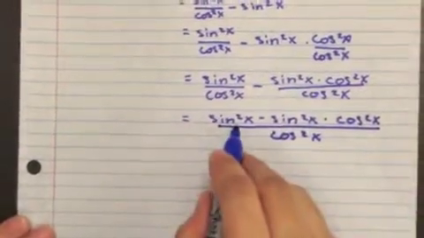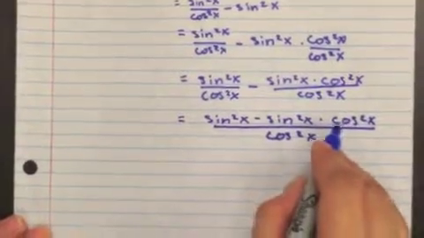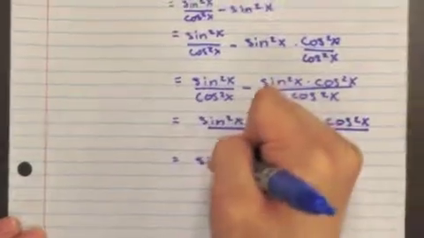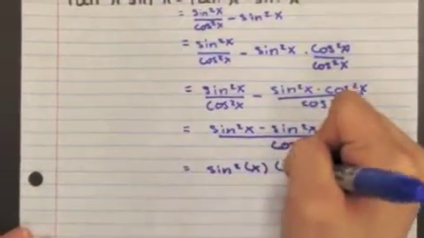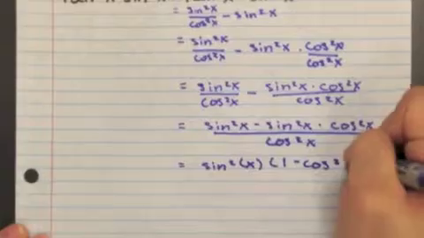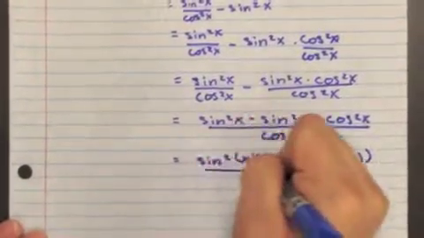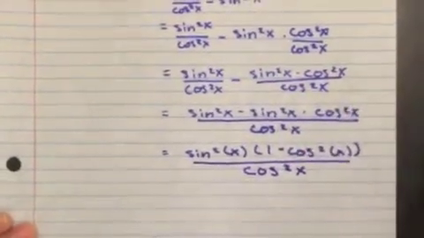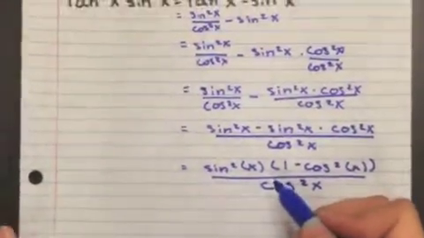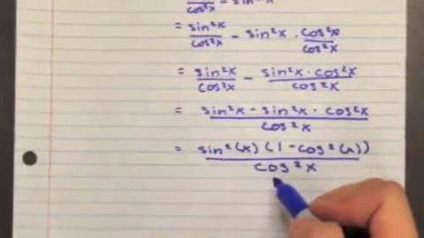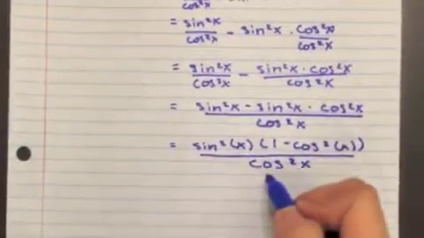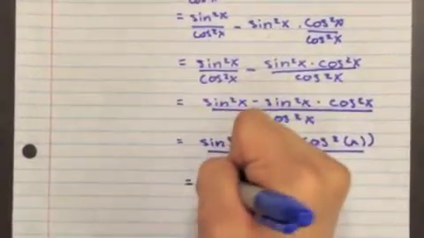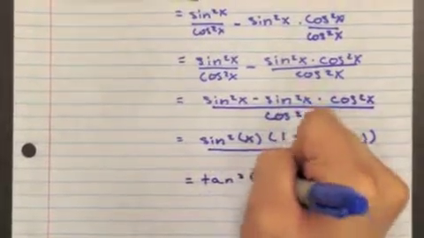And now you can see that you have a common factor of sine squared x. So you can factor this out, which will give you sine squared x times 1 minus cosine squared x, all over cosine squared x. And now you can divide sine squared x by cosine squared x, which is also equal to tan squared x.